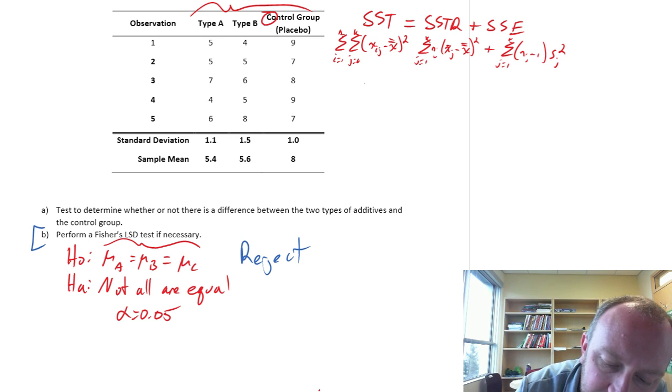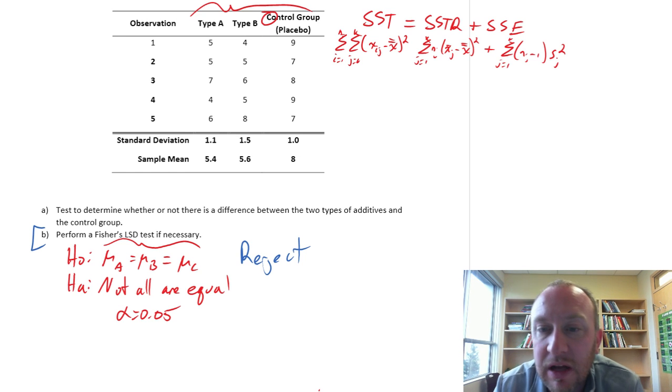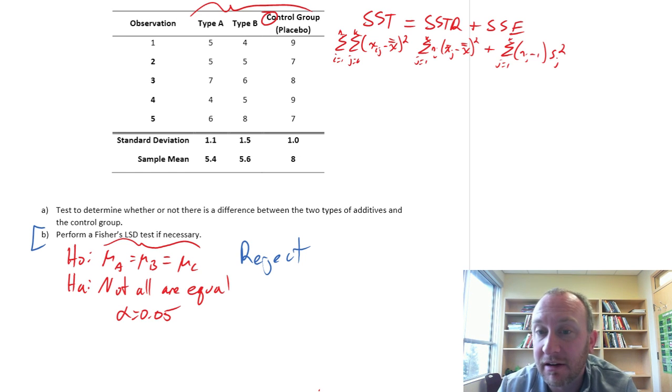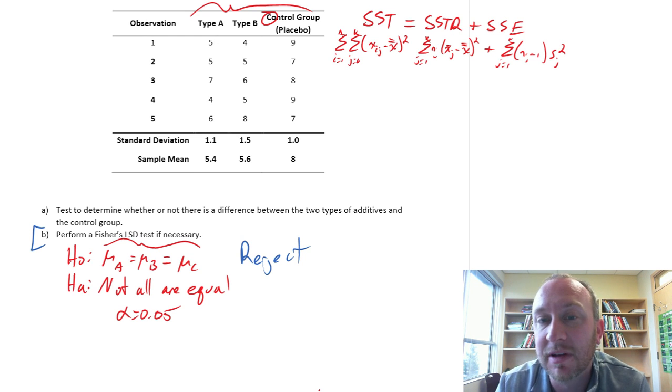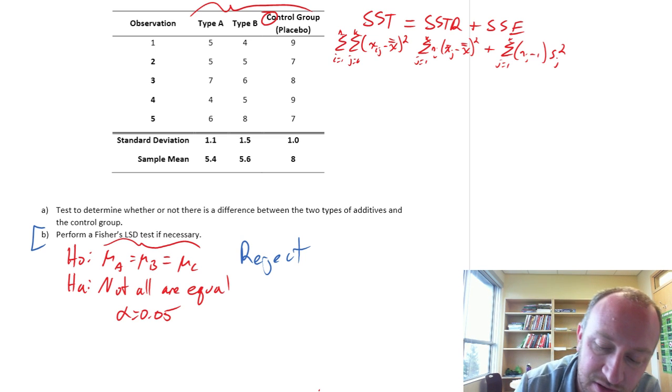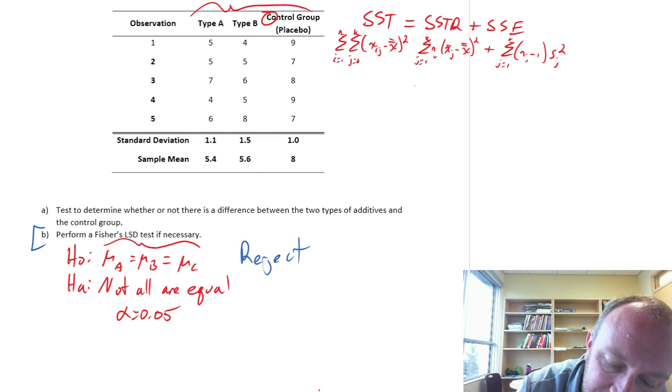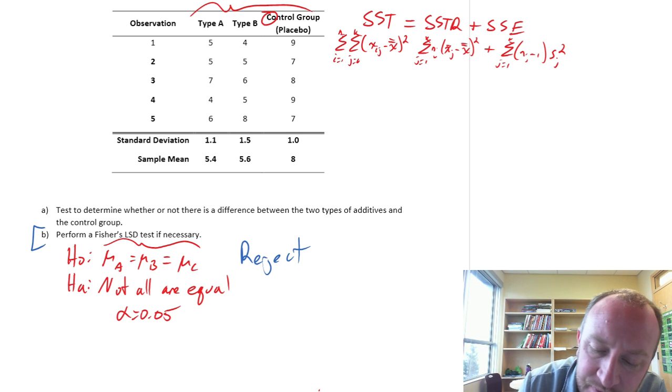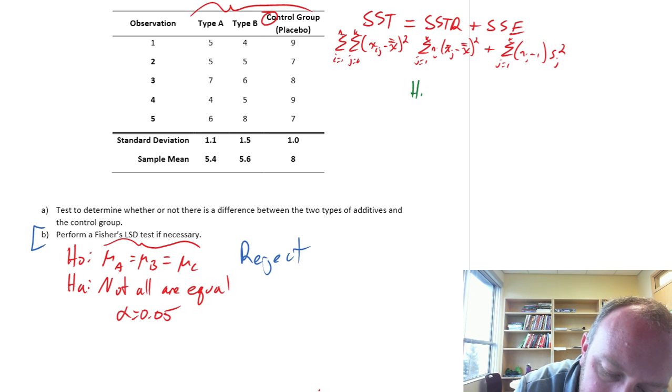What we'll do now is set up all pairwise comparisons. Again, this is one of the reasons why we only work with 3 treatments when we're working through these by hand, because it significantly reduces the amount of work that we have to do. I'll write out our hypotheses here. First, let's test to see if mu A is equal to mu B or not.